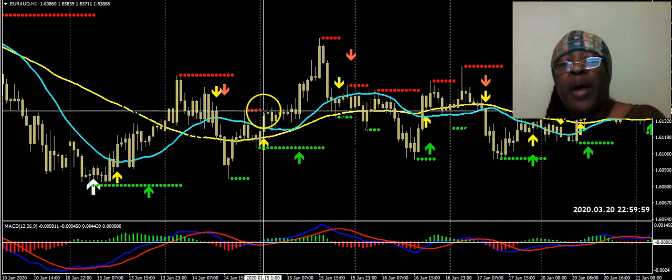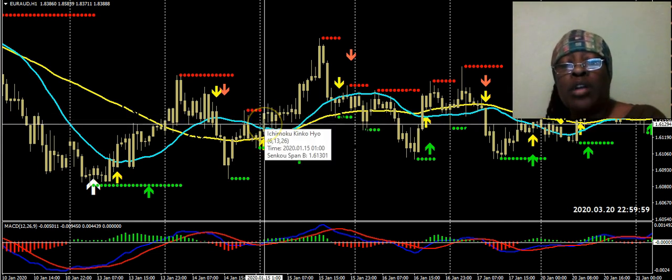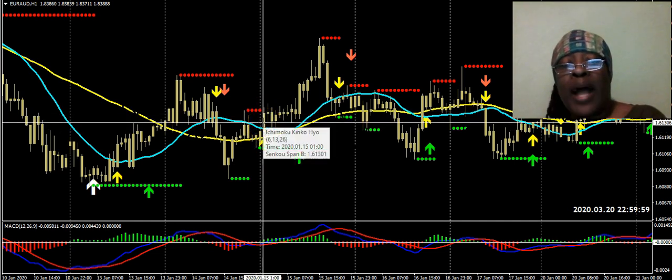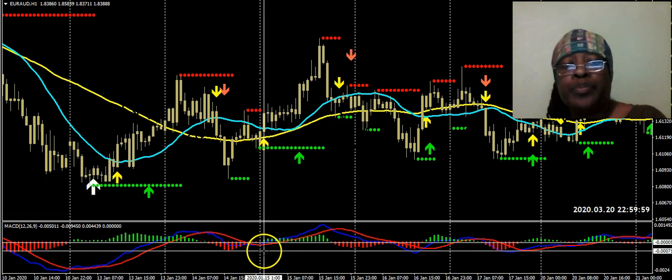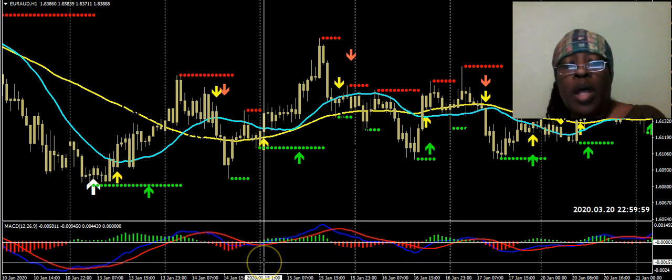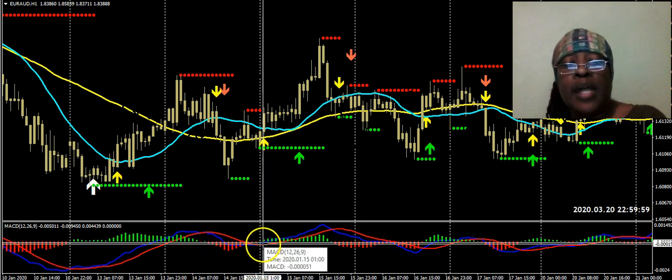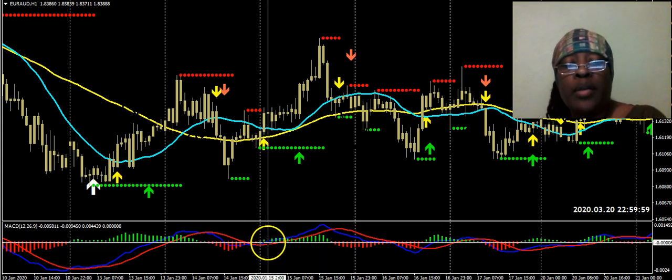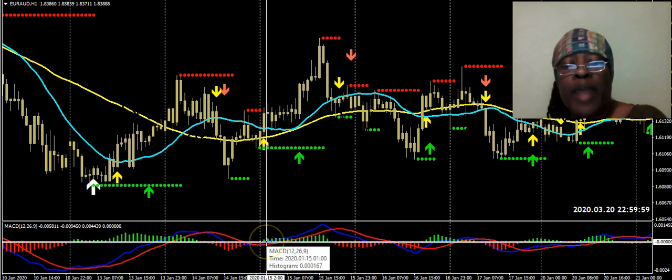Once it closes above the 20, we're going to take our crosshair. We're going to line up that candle, look down. Where is the MACD? Because we're only looking for buys at this point. Where's the MACD? Where's it moving? First of all, the blue is on top of the red.